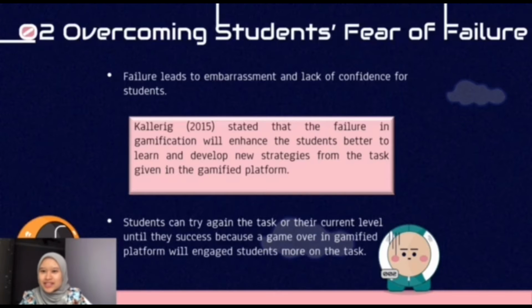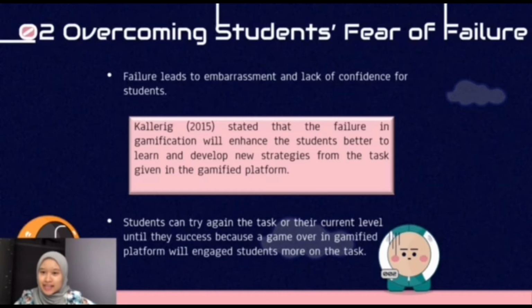So, imagine that we are playing a game and it is a game over. Do we feel embarrassed because we get a game over? No, right? We will be more competitive to finish the task. So it's the same how students feel in the gamified platform.